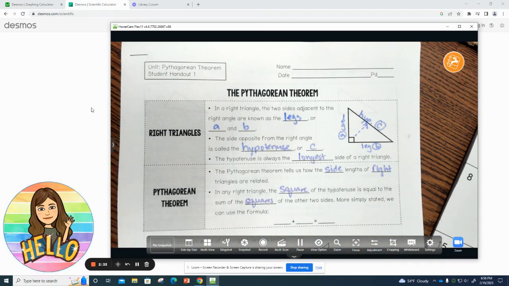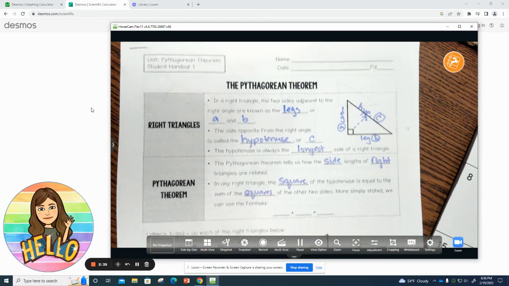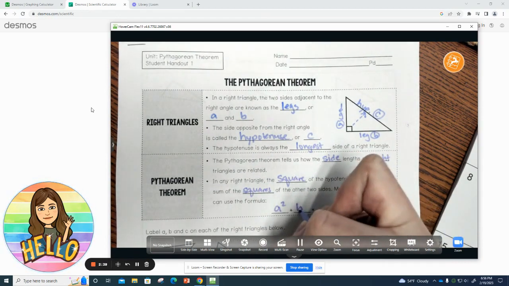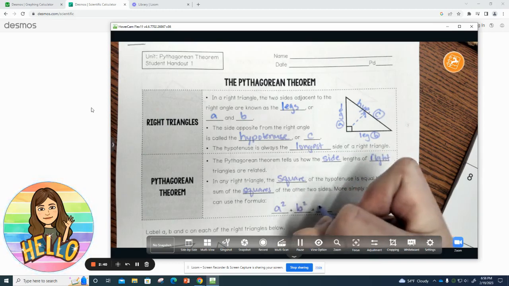More simply stated, we can use this formula, which is very simple to use: A squared plus B squared equals C squared. Obviously, it's something we're going to have to memorize, but not too hard, right? A, B, C, they all have squares on them.